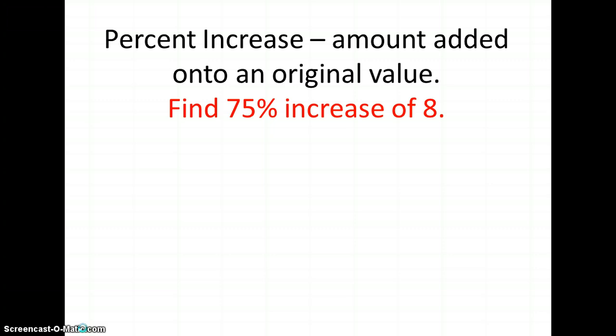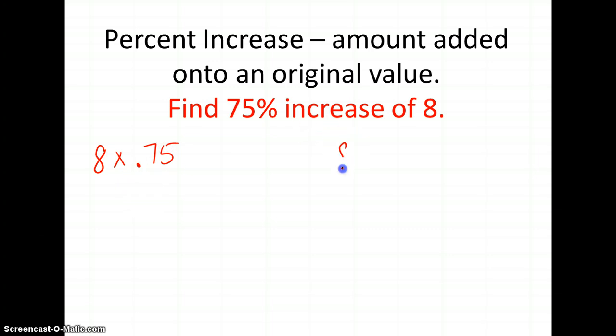So if I wanted to find 75% increase of 8, I can do this in two ways. I first need to find 75% of 8. And I can do this by turning 75% into a decimal and multiplying that by 8.